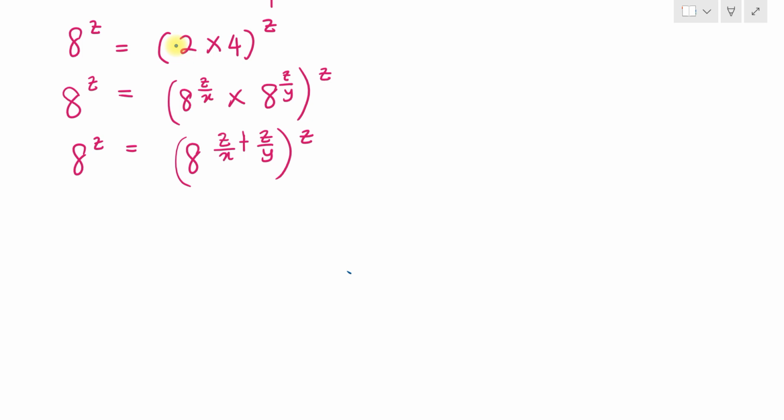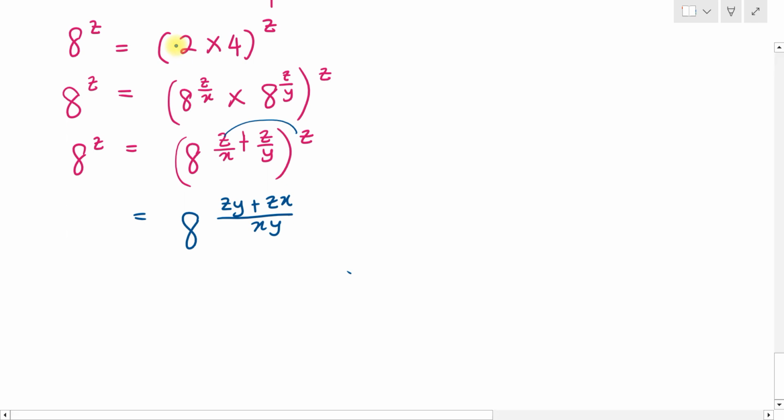But okay, we try to multiply in, or we do the fraction first. Okay, this one zy plus zx over xy. I add on, sorry, I didn't multiply yet.